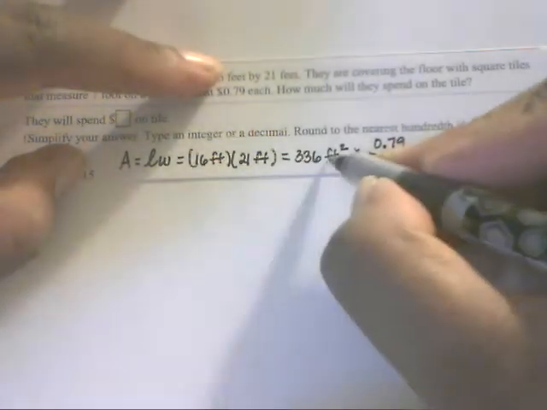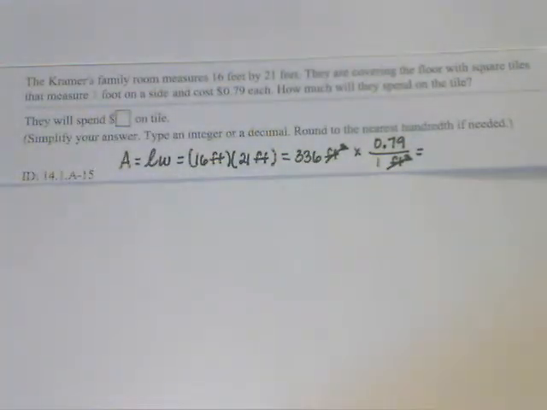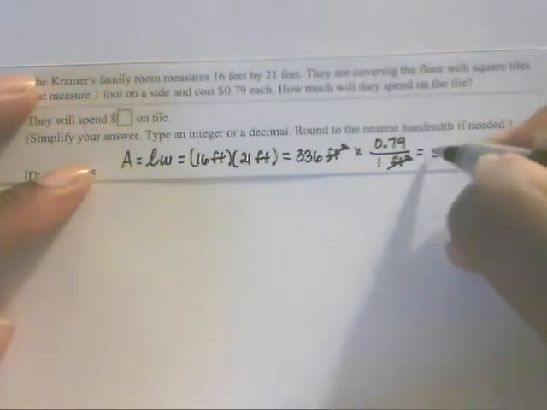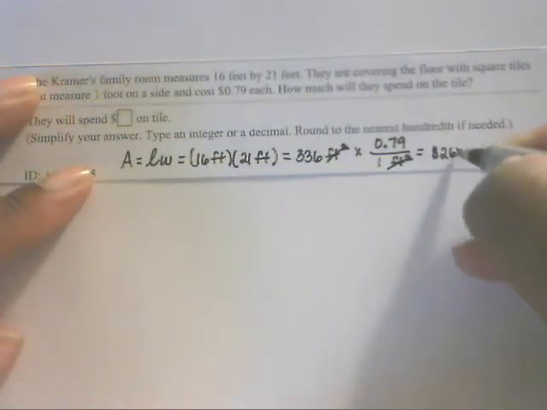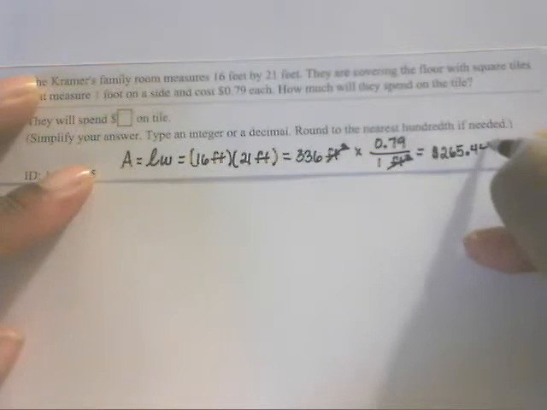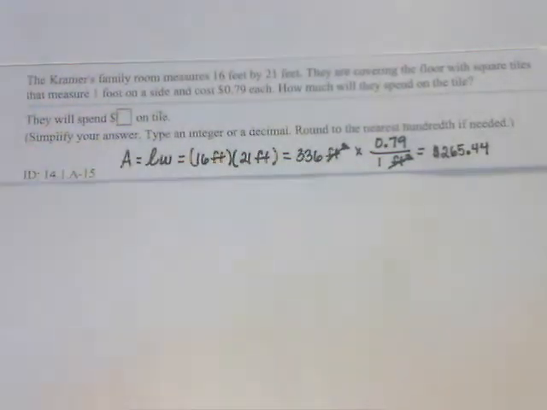That way these square feet divide out. So you just multiply 336 times 0.79, and you're going to get $265.44. So that's the cost that the Kramers will spend on tile, $265.44.